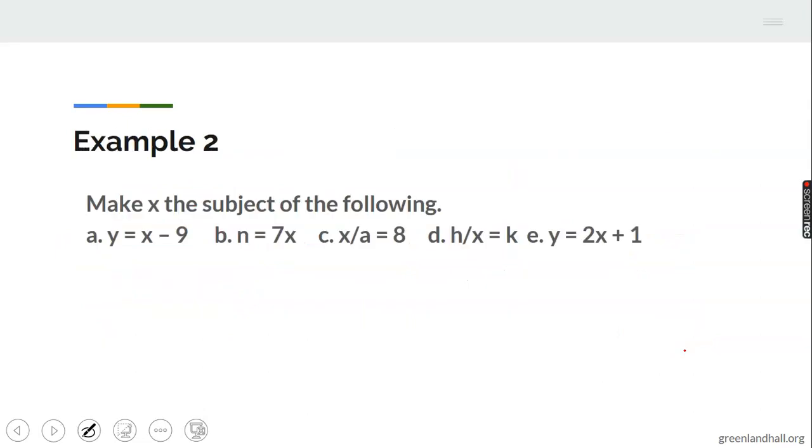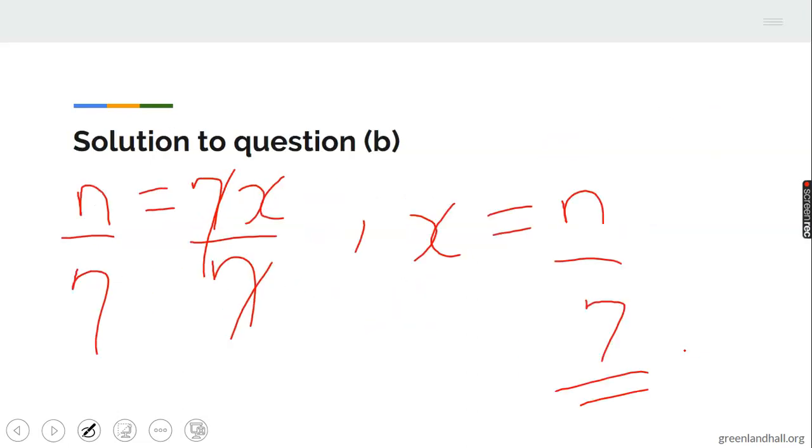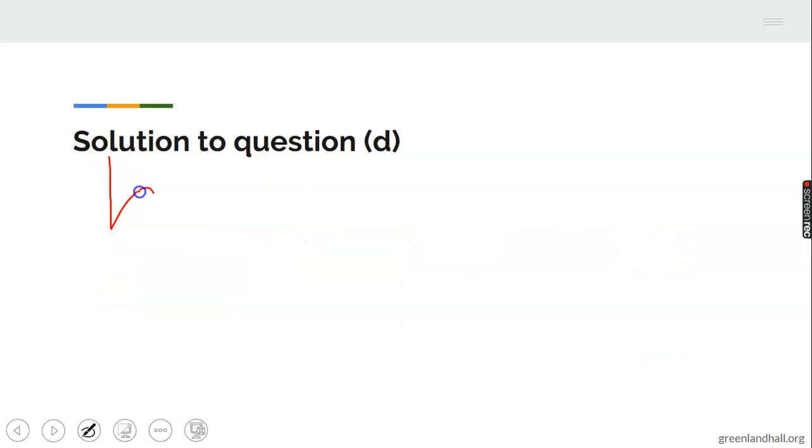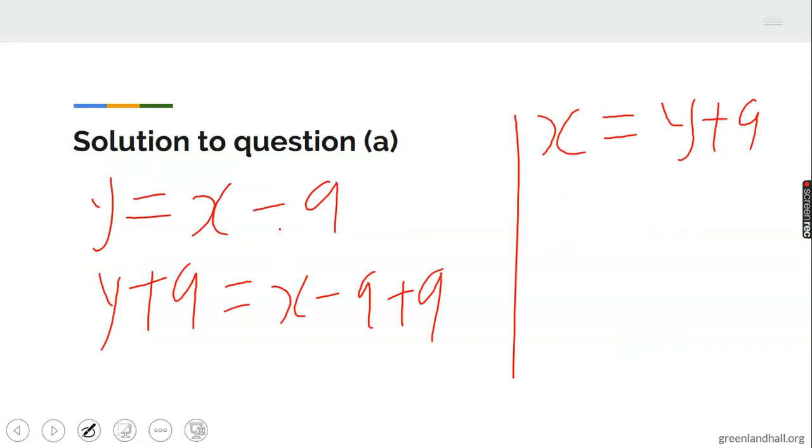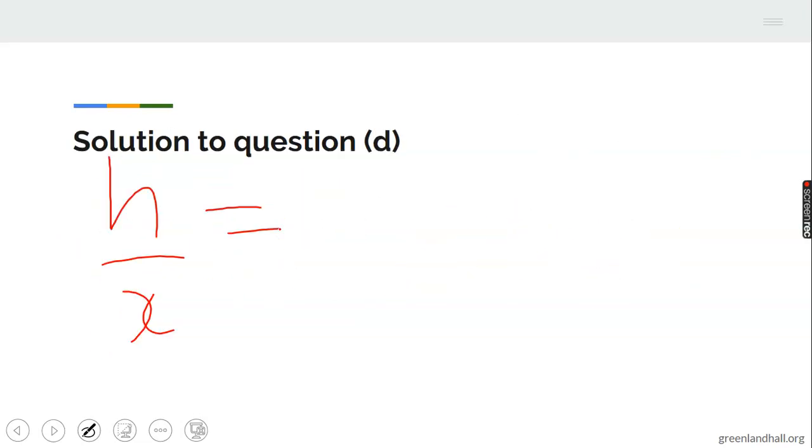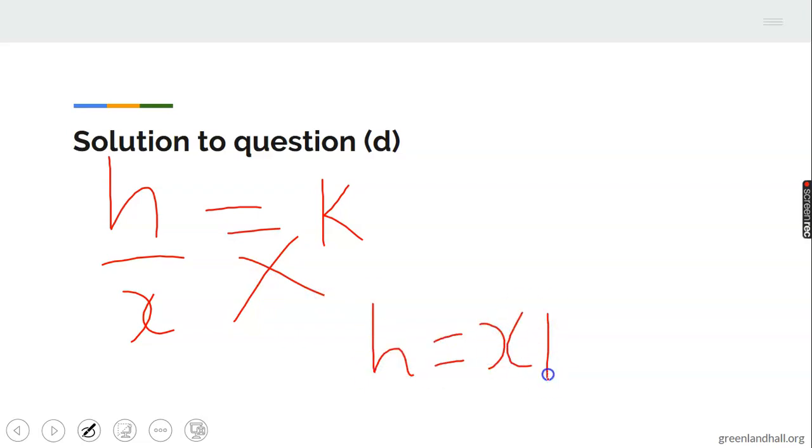Then we have the second to the last, H over X equals K. How do you solve this? The first step is to cross multiply. That means H equals XK. We are looking for X. Divide both sides by K. That means X equals H over K.